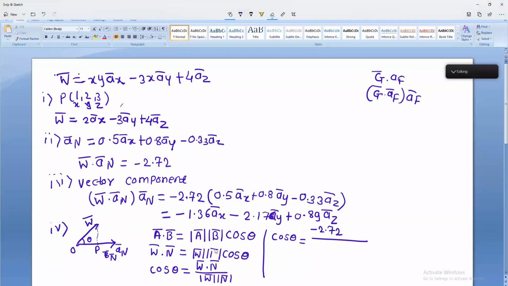If you are getting confused, then you can also write here A bar N. Okay, now it is minus 2.72 divided by mod of W bar. So what is mod of W bar?